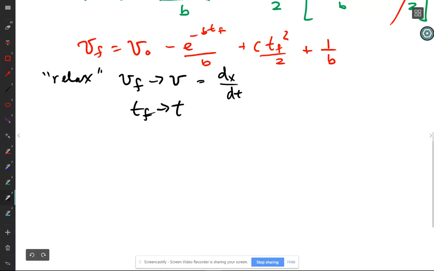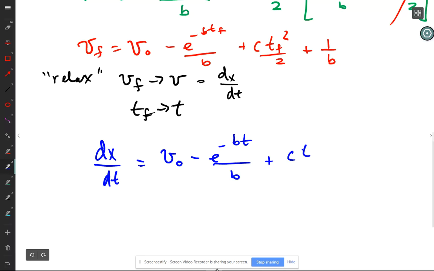I have the equation then that says dx/dt is equal to... So I've rewritten the equation.